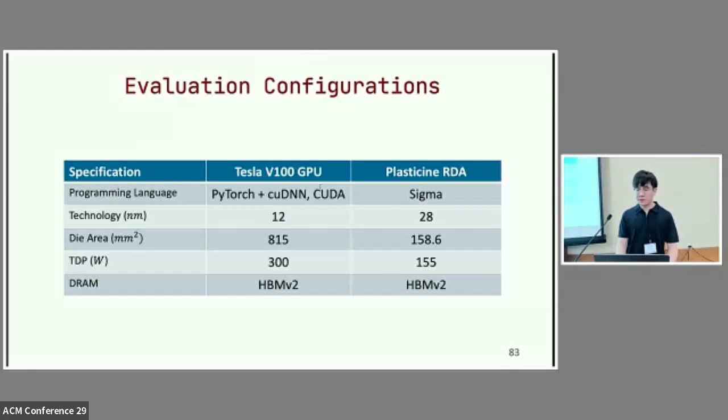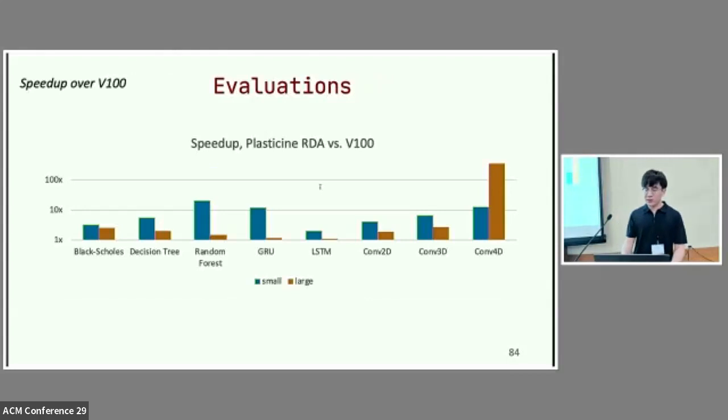Both Tesla V100 and Plasticine RDA use HBM2 as the DRAM technology, meaning that both of them have roughly the same DRAM bandwidth. We evaluate these two systems over a wide variety of applications. For each application setup, we choose a small problem size that would favor a small accelerator such as Plasticine, and a large problem size that would favor a large accelerator such as the Tesla V100.